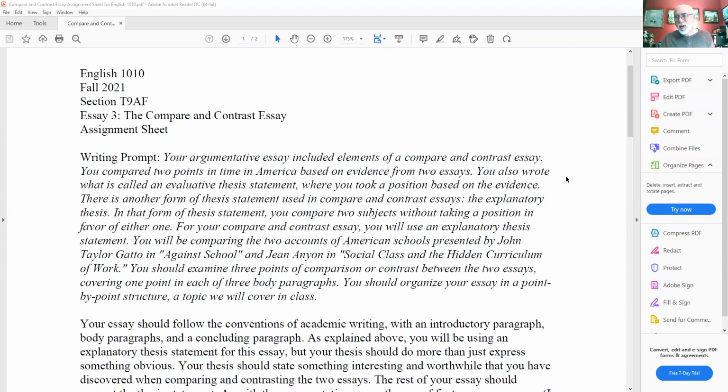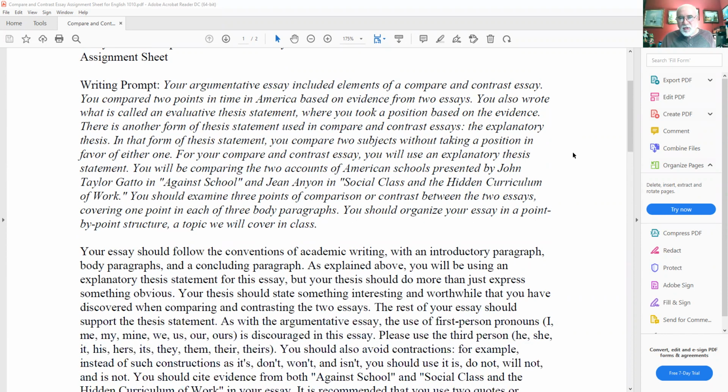But a couple of highlights here. Your argumentative essay had elements of compare and contrast in it. I'm sure most of you noticed that, right? We were comparing 2 points in time using 2 essays, one written in 63, one in 2020.